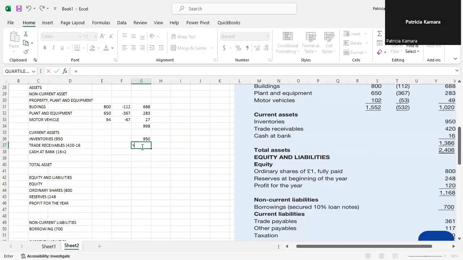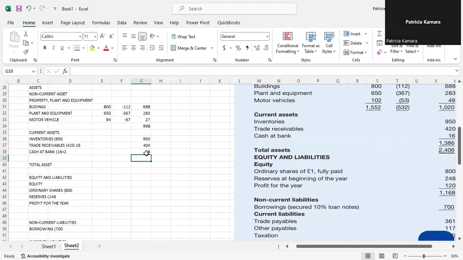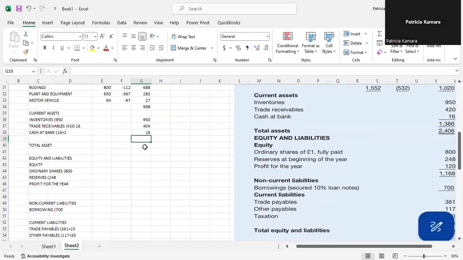But for trade receivable, we had overstated it by 16, so we have to take that out. So 420 minus 16 gives us 404. And then cash at bank, remember, we have sold motor vehicles, so our cash figure had increased by 2. Now our cash at bank has increased to 18.